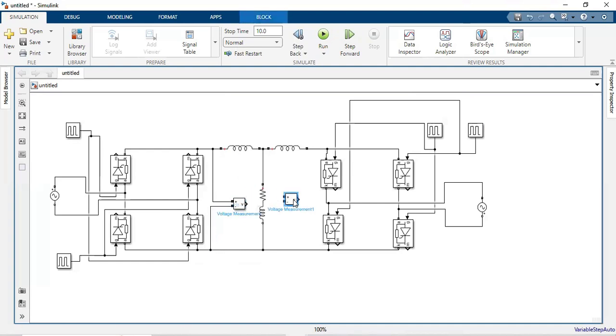Then to measure the output voltage of the second converter, again we need to connect a voltage measurement block. Then to measure the voltage across the reactor, we need to connect another voltage measurement block in parallel with the reactors.